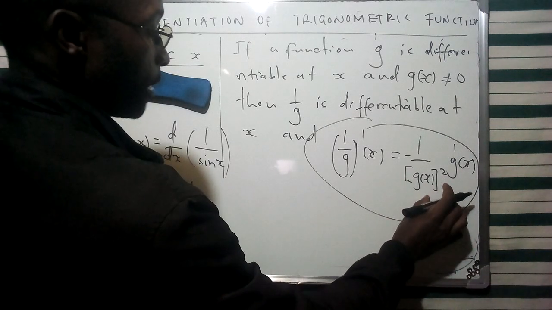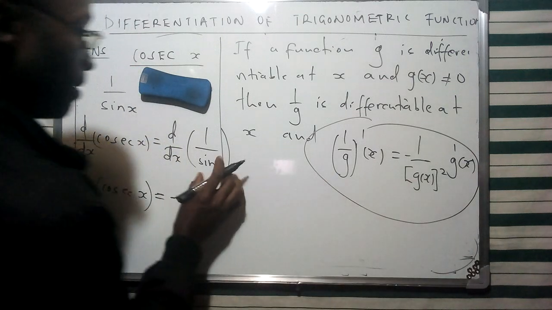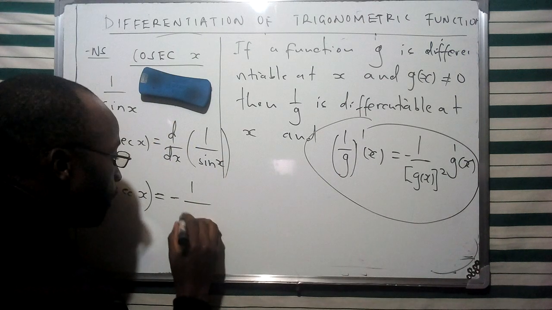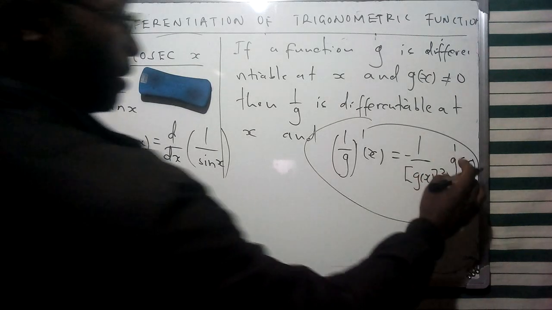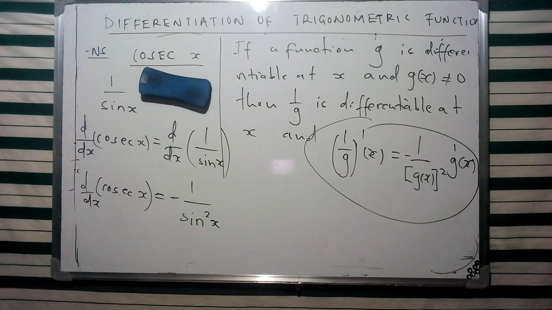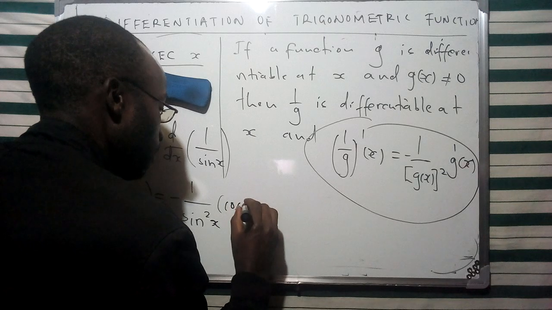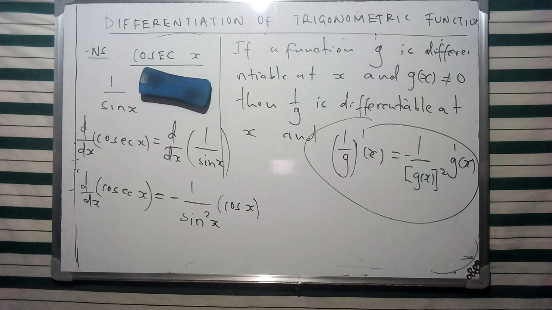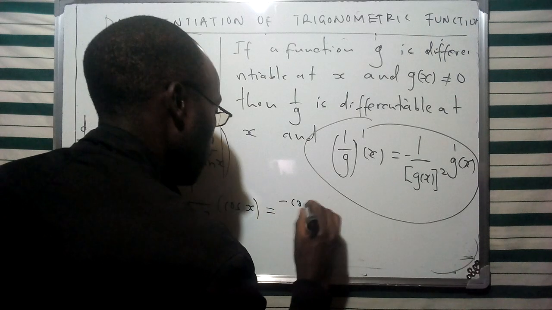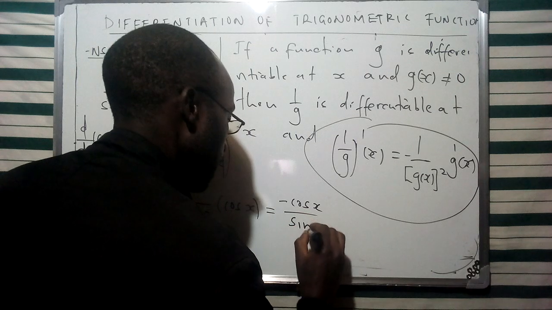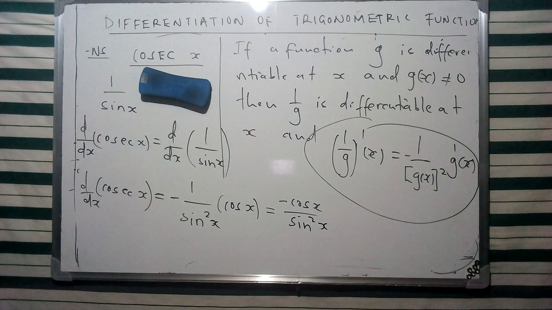So the square of g(x) is the square of sine x, and the derivative of sine x is cosine x. This gives us the product of negative cosine x over the square of sine x.